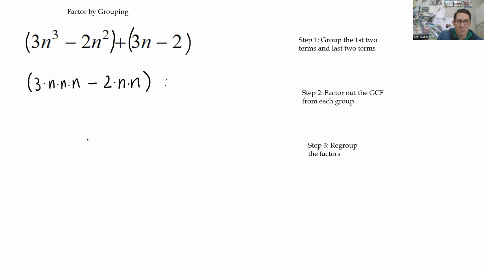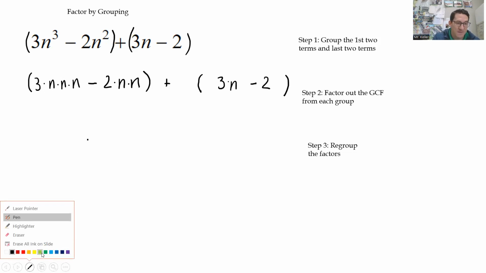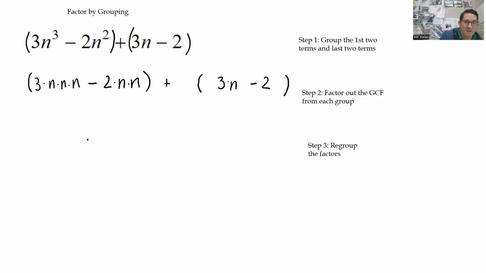That's the end of that one, plus 3 times n minus 2. So here, just like we did with the greatest common factor, take out what they have in common. In this first group, I can take out 2 n's from each term, and so that's going to be n squared on the outside there.